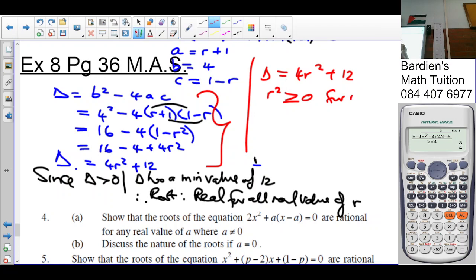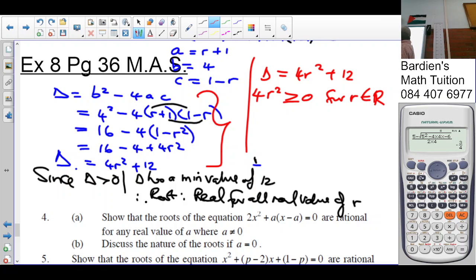What does that mean? That means to say whichever value you choose for r will always be greater than or equal to 0. Why? Because if you choose a negative number squared it will always be positive. If you choose 0, then it will be 0. Even if I put a 4 in front there, it will always be 0 or greater than 0, which is positive.